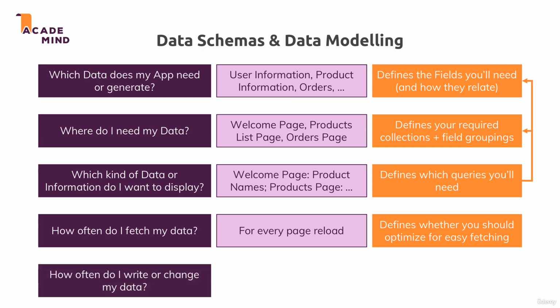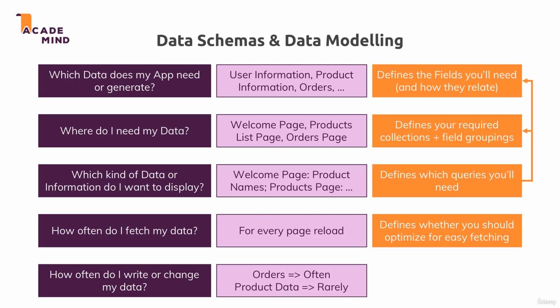Or do you often write and change your data? If you have an application where your data gets changed a lot, or parts of your data get changed a lot, you want to ensure that these parts of the data that do get changed a lot, let's say we have a lot of orders, but the product metadata doesn't change that often, you want to make sure that your orders are not unnecessarily duplicated across collections, but that you have one collection with your orders where you can write new orders too.